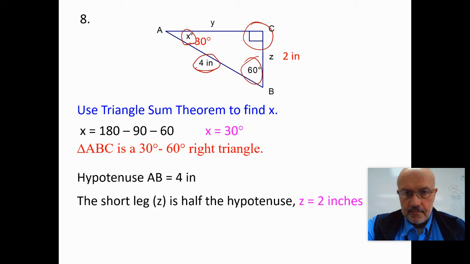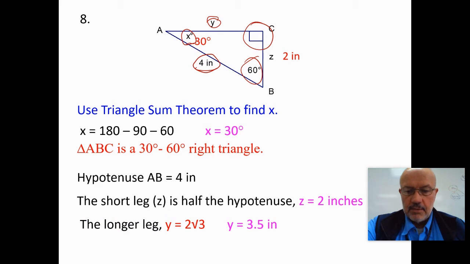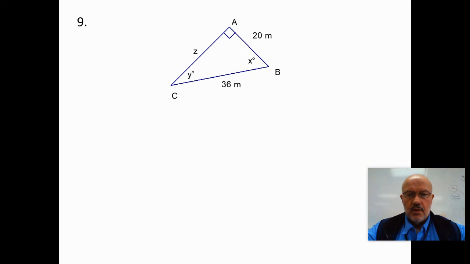Not only that, but the long leg, this one up here, the length of y, is always, always, always in a 30-60 right triangle, the short leg times the square root of 3. 2 times the square root of 3 is about 3.5 inches. If you're observant, you save yourself a lot of work. 30-60 right triangle. Make sure you notice that. 3.5 inches for the long leg.